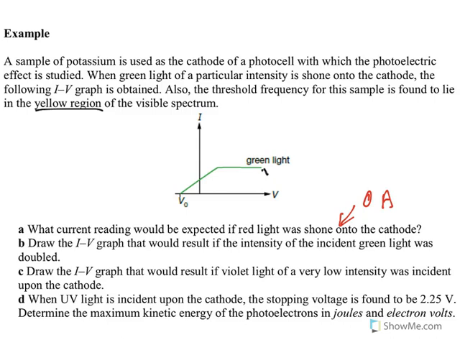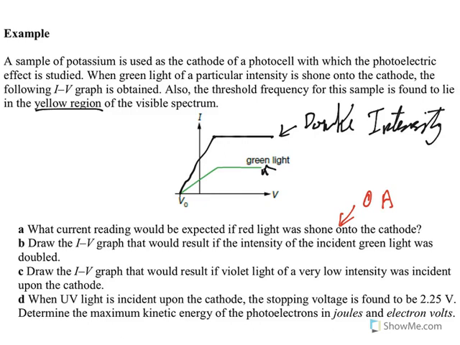So this saturation current will be bigger, and seeing as it's doubled, you expect it maybe to be doubled. So I'm now thinking that our green light will go like that, so that's double intensity. So it would go like that.